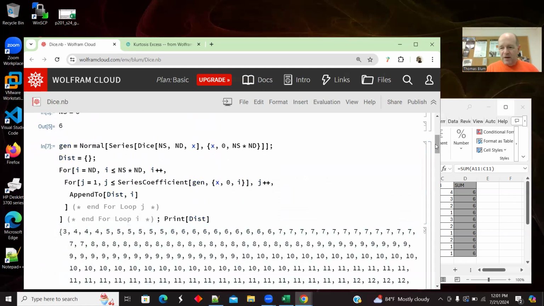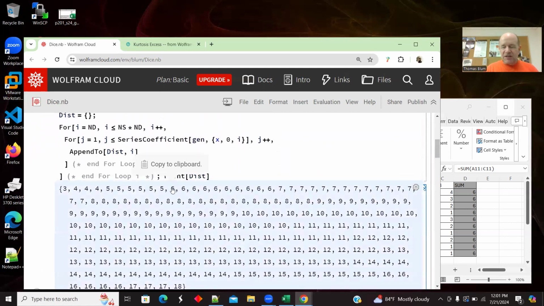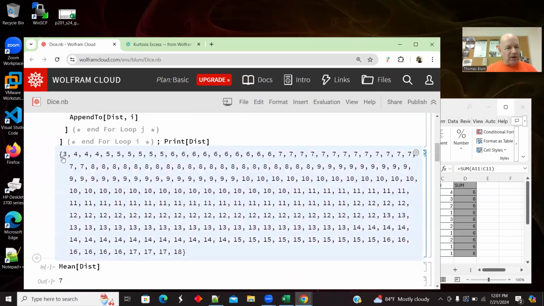And so then the 6 can occur in 10 ways: 1, 2, 3, 4, 5, 6, 7, 8, 9, 10. So I have 10 sixes in there to say that there are 10 ways. So there's one way for a 3, one way for an 18, 3 ways for a 4. So that's the game.